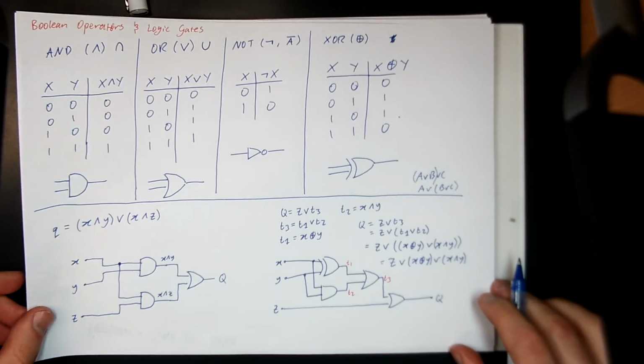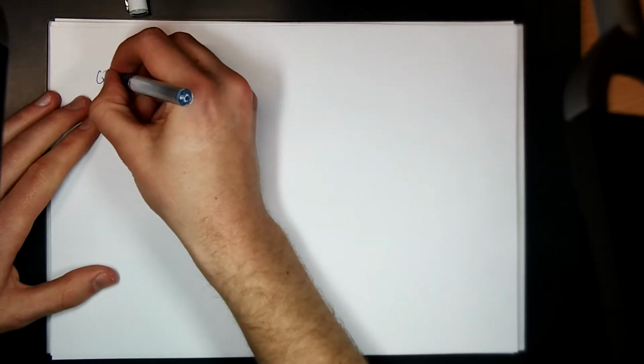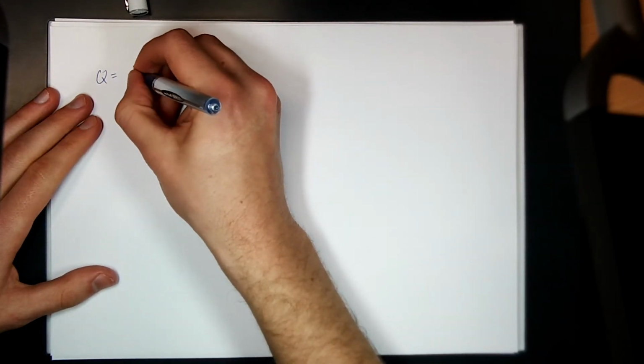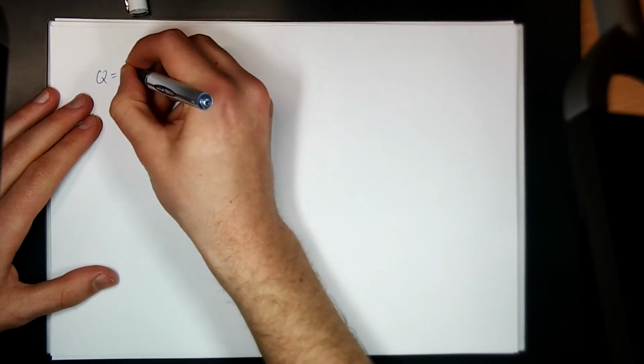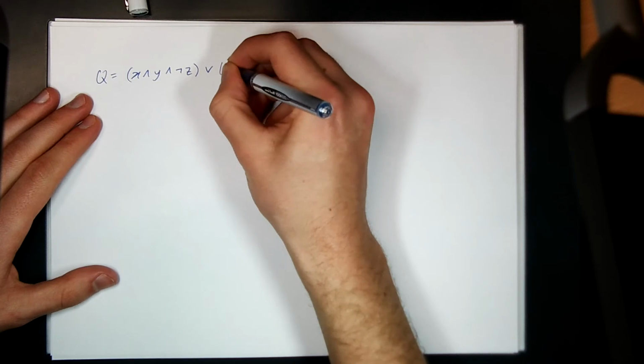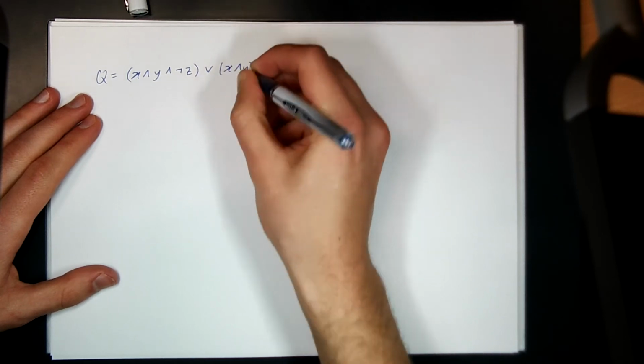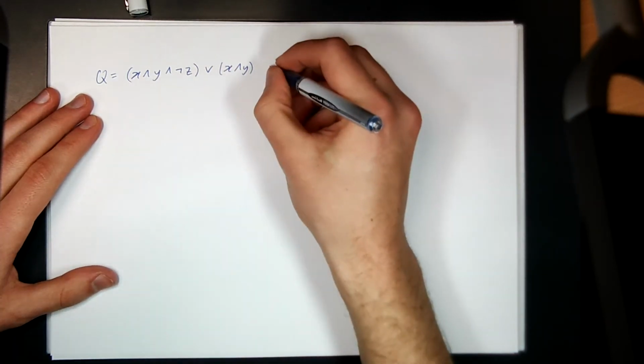So now I'd like you to have a go. For this expression, draw the circuit, and for this circuit, draw the expression. So let Q equal X and Y and not Z, or X and Y. Convert this to a circuit.